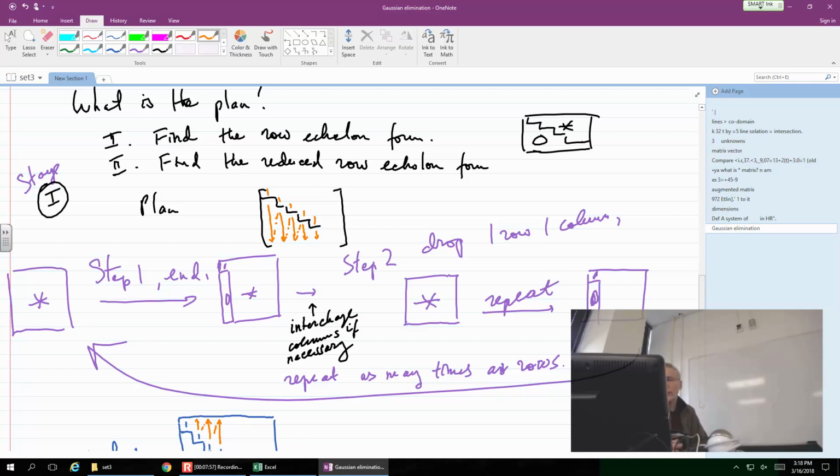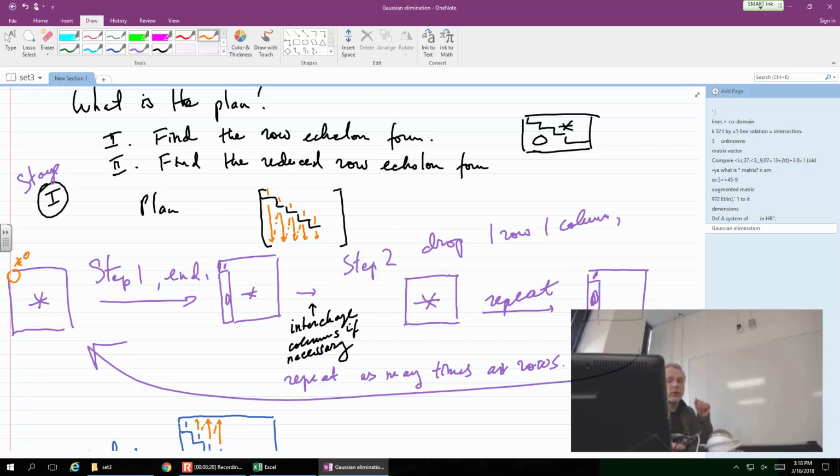So we start with a matrix and make sure that in the first row we have a non-zero entry. That is step one. First of all, if you do have a 0, then what do you do? You either interchange rows, or if that fails, interchange columns.